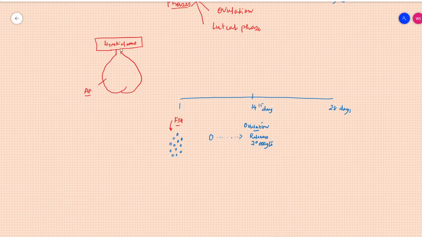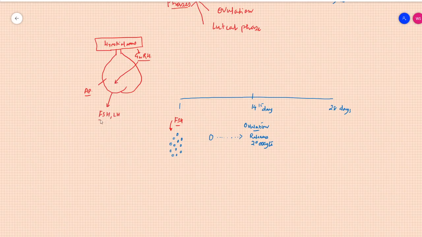So what happens? Hypothalamus releases the GnRH, gonadotropin releasing hormone, and that acts on the anterior pituitary. What is released? FSH and LH.